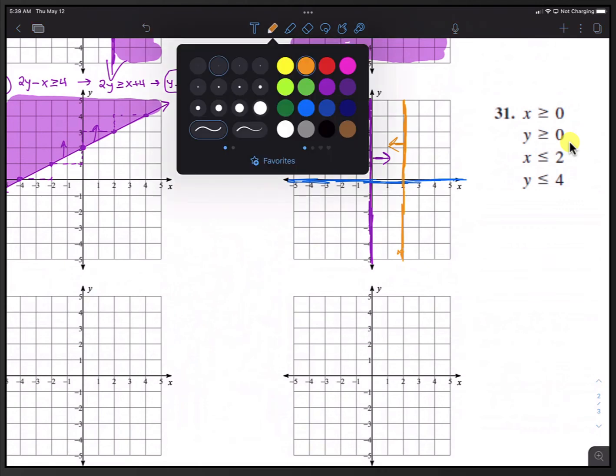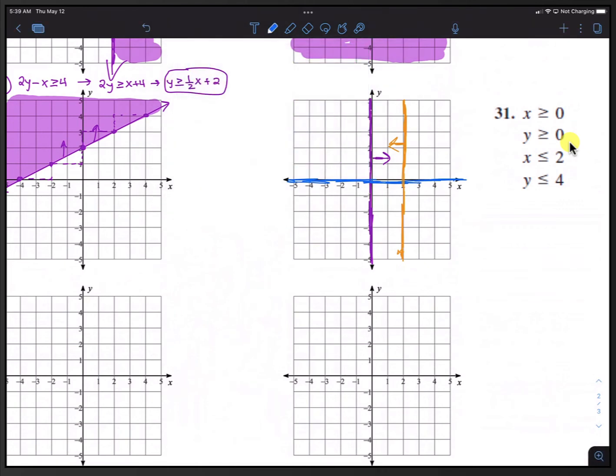So then we have this next one that says y is less than or equal to 4. So y equals 4 is a horizontal line going through 4. So let's draw a horizontal line going through 4. It should be up here. Again, it's a solid line. And it says y is less than 4, so that means we're going to be shading under it, or below it.